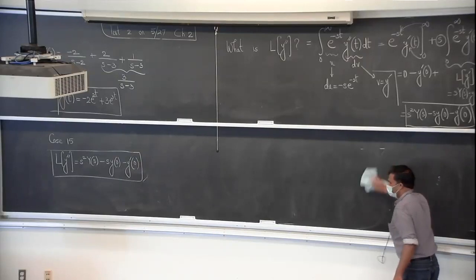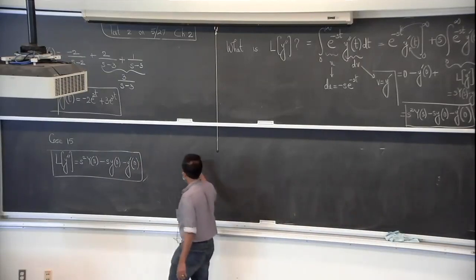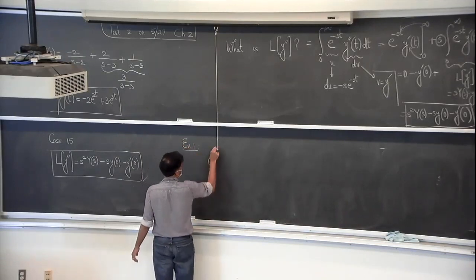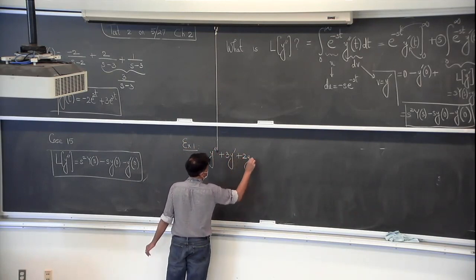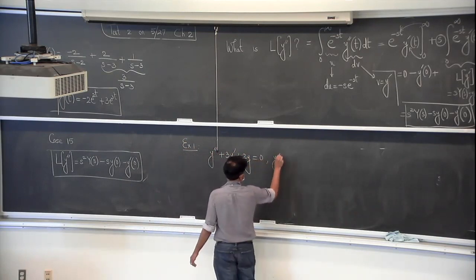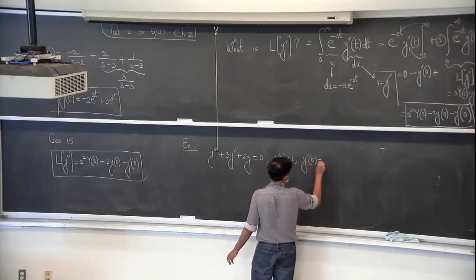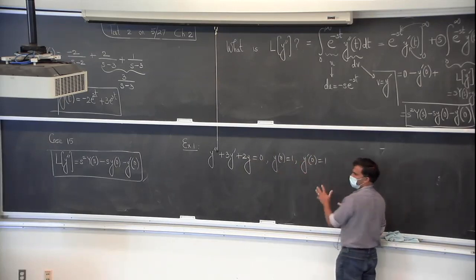All right, so let's start with a nice, simple, homogeneous equation, and then we will make it worse. Example 1: y double prime plus 3y prime plus 2y equals 0, y of 0 equals 1, y prime of 0 equals 1. Again, you cannot do this without the initial values.